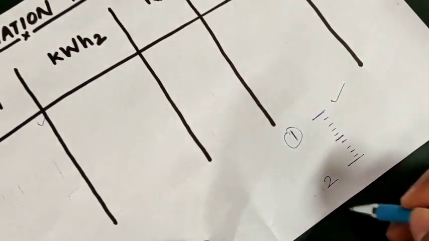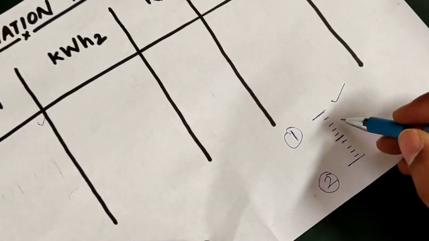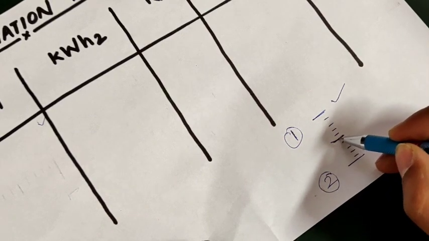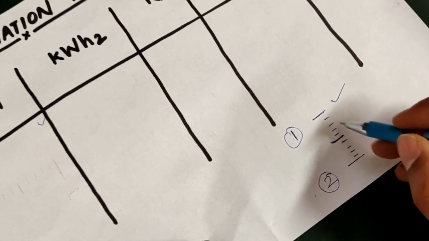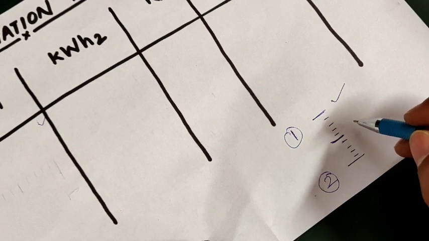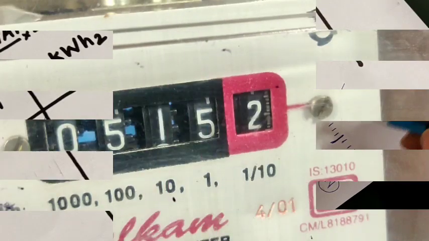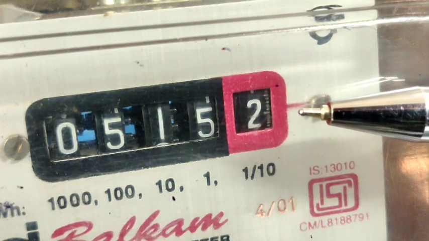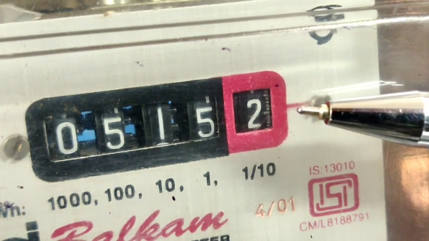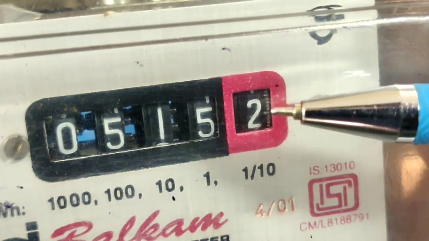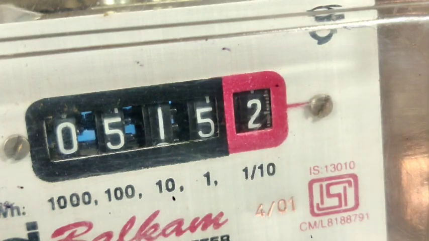If this is 1 and this is 2, then it has 10 subdivisions in between. So this will be your middle point of these divisions, and you can count depending upon where your red marker is aligned. Here, you can clearly see that the red indicator is aligned with the 9th division between 1 and 2.